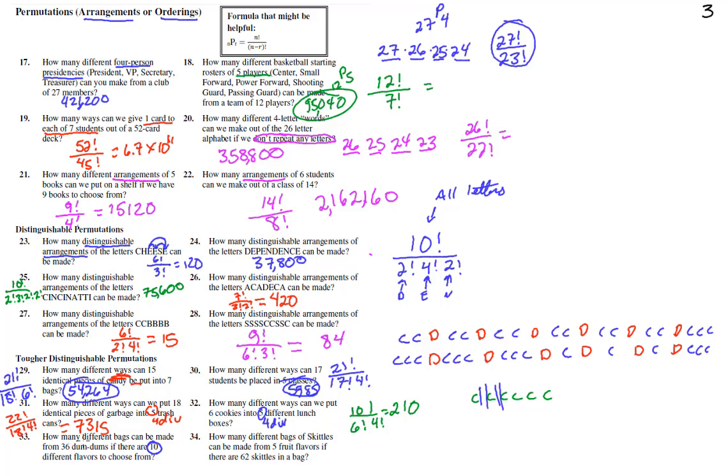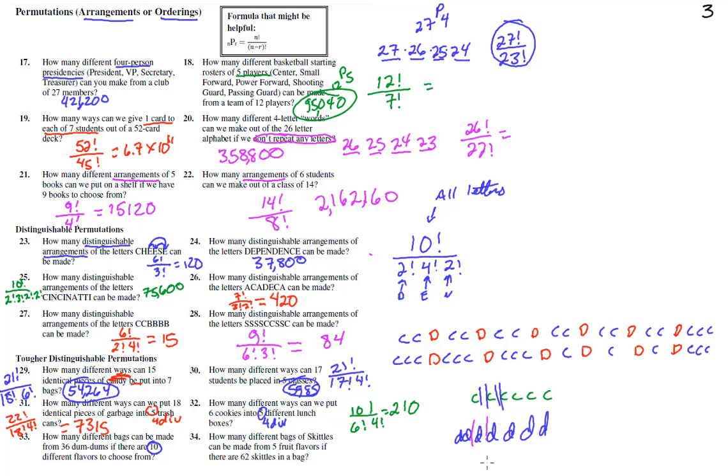So if you have 36 Dum-Dums, I'll put D's here. Let's say there are 36 D's going along here. And notice that each different bag can be described by a different setup of where you put the 9 different dividers.